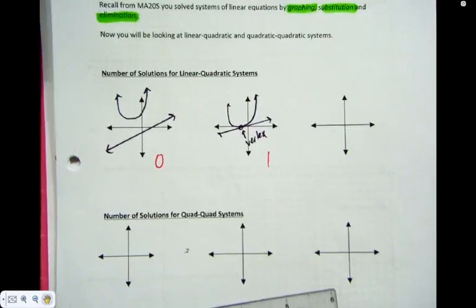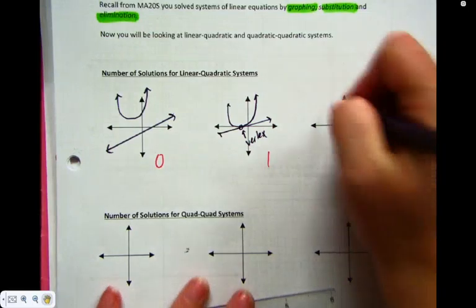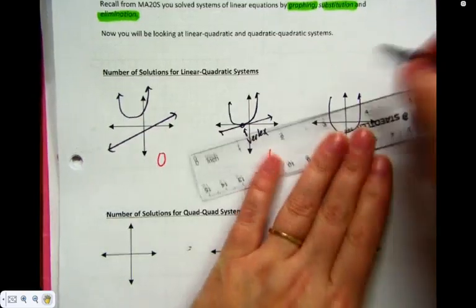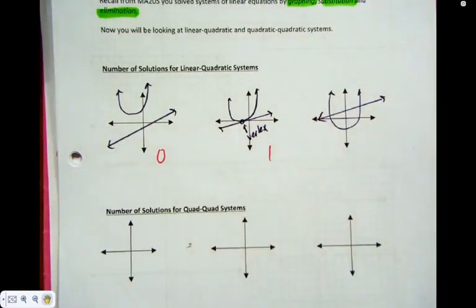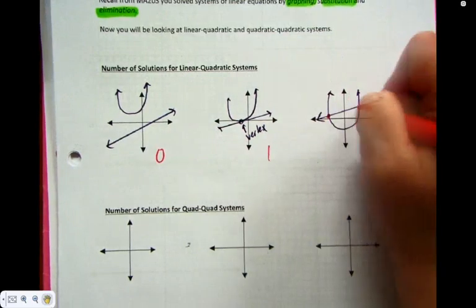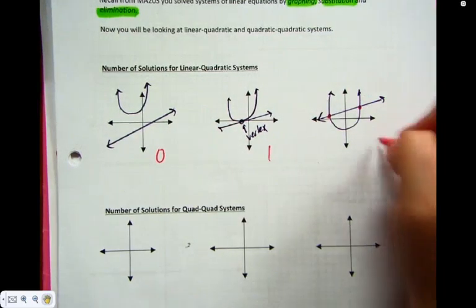So you could have no solutions, you could have one solution. What's the most common number of solutions? 2. What would it look like to have 2 solutions? It goes through it twice.